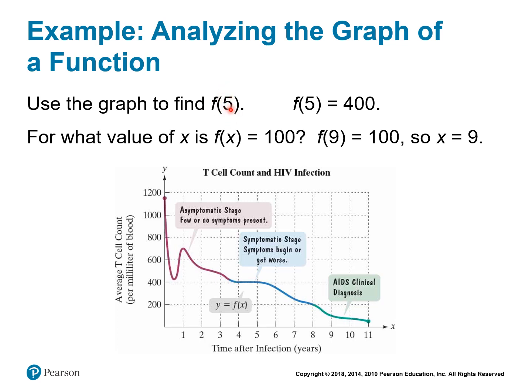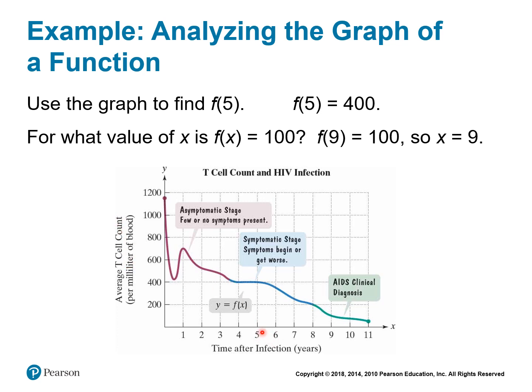They've replaced the x with 5. So we have to look along the x-axis at 5. They are asking what would be the y value when x is 5? In this case, at 5 years, what would be the average T cell count?